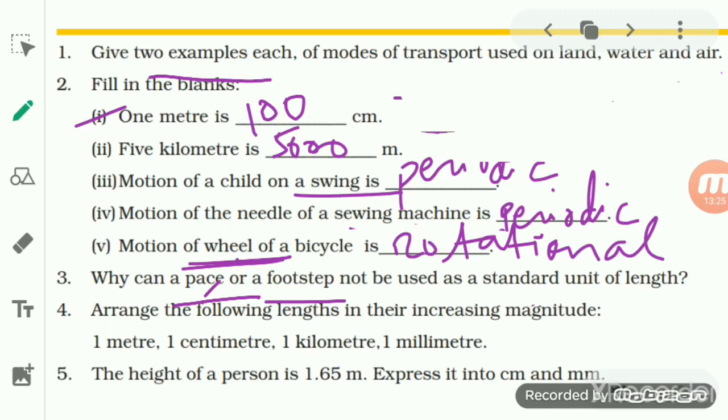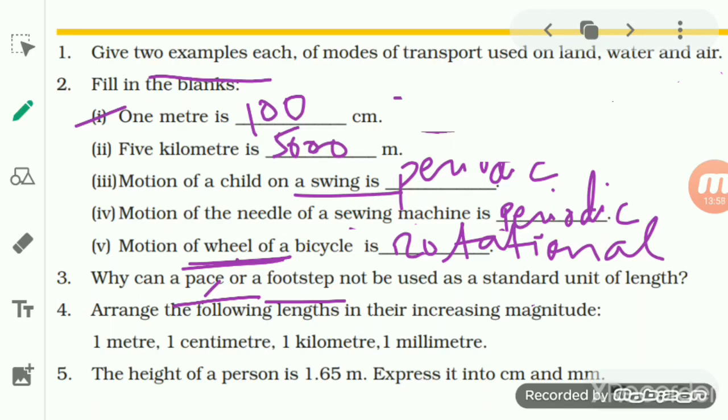Suppose a person has a small height, or another person has a large height, then the footstep of one person varies from the other. That is why it is not relevant, because for the same object or the same line, two different persons will get two different measurements.